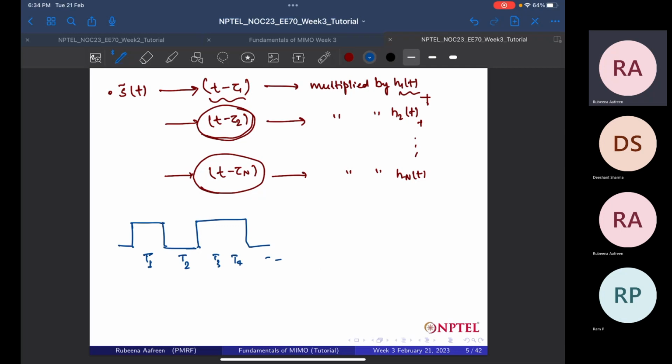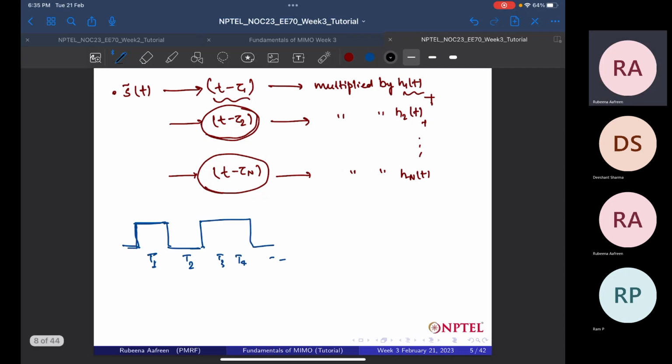Now each of these will be multiplied by some h(t) and delayed by some τ and then added. So suppose the first signal is delayed by some τ1 and multiplied by some h1(t).